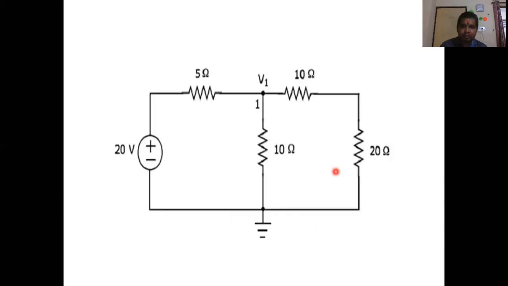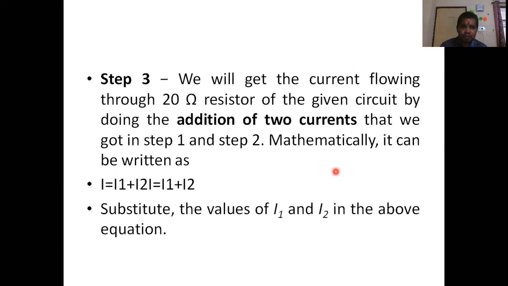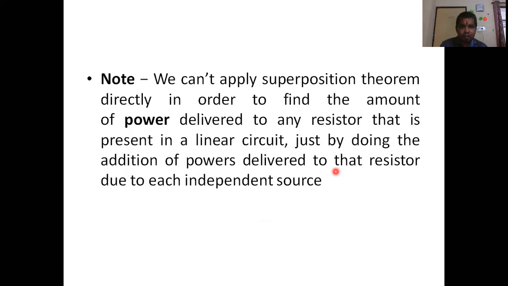Here one more thing we have to keep in mind: by the superposition principle you can determine voltage response and current response, but you cannot determine the power. That means you cannot determine individual powers and add them together, but you can determine total current and total voltage, and then power can be determined. We cannot apply the superposition theorem directly to find the power delivered to any resistance in a linear circuit just by adding the powers delivered due to each independent source.